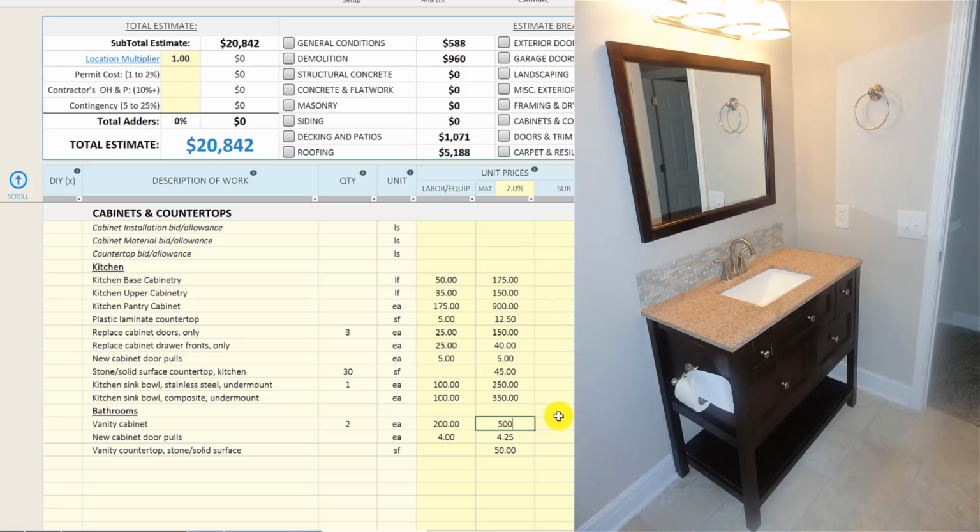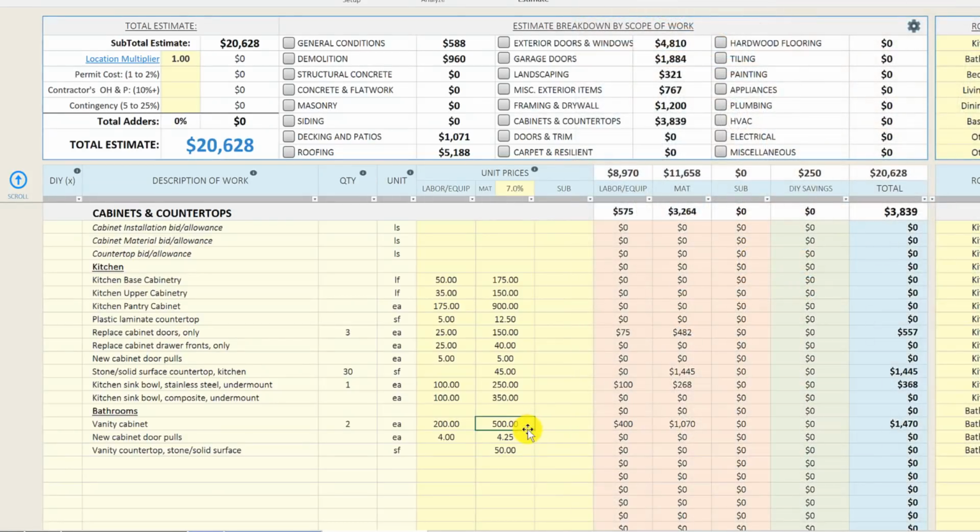But really, for this type of property, it was about a 4-foot wide vanity cabinet in each bathroom. So we included about $500 in our budget, which should get us a decent quality vanity cabinet and countertop. If you're doing something more custom, you could easily spend $1,000 plus for a vanity. But for the level of finishes we're doing on this house, 500 bucks for each bathroom should have us covered.